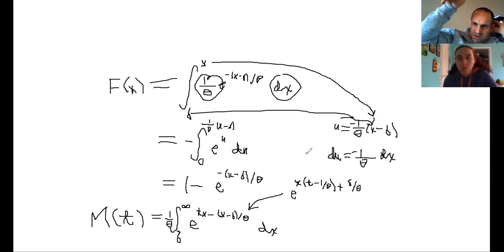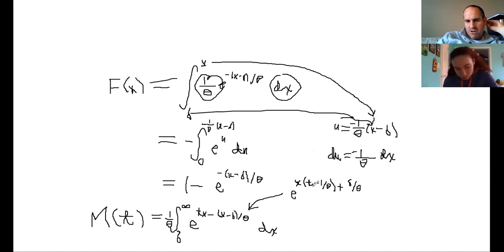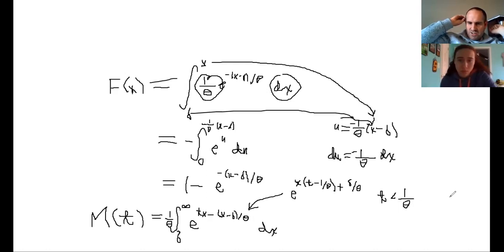As x gets bigger, the exponential needs to be getting smaller. So what needs to be true about t and 1 over theta? They have to be less than 0 when you subtract. Right, so t basically has to be less than 1 over theta is the ultimate conclusion. Like t minus 1 over theta needs to be less than 0. Does that make sense, Aaliyah?